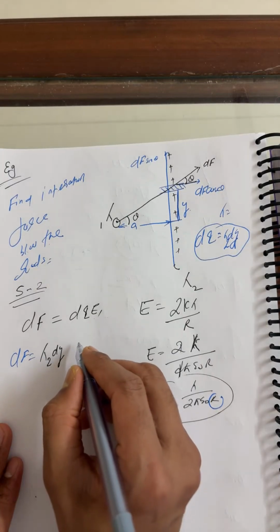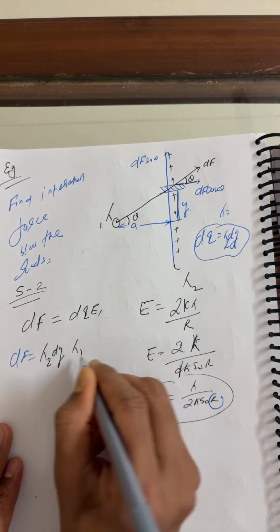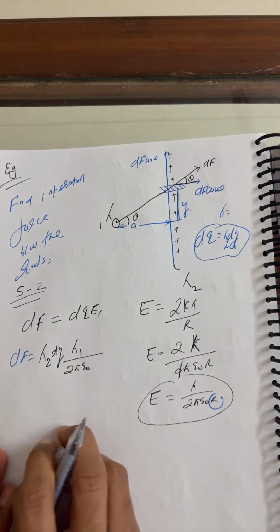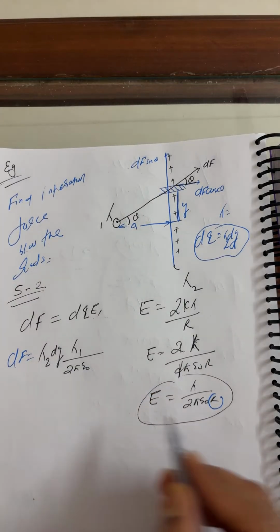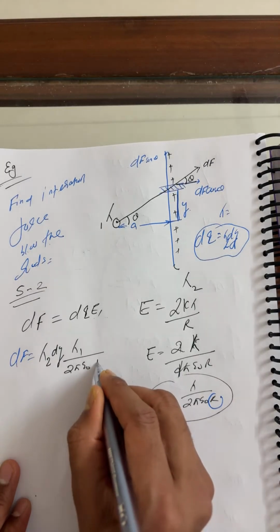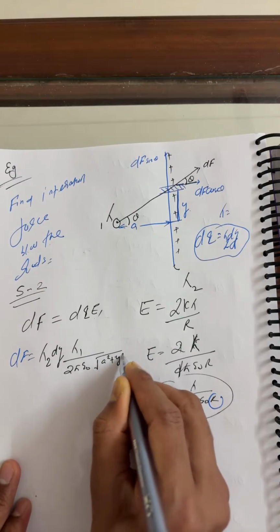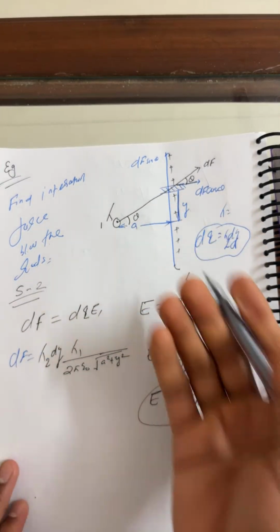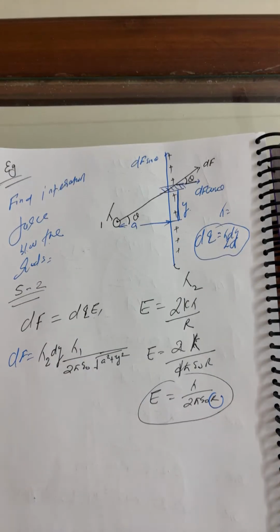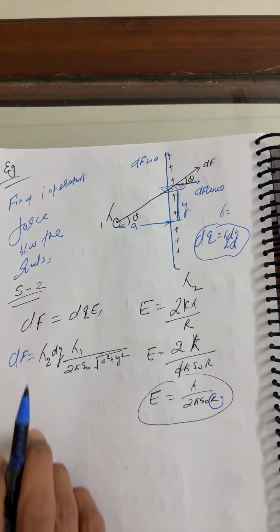Here we have lambda 1 upon 2 pi epsilon naught, and this is r, which I already said is the square root of a squared plus y squared, from Pythagoras. Keep this in mind.